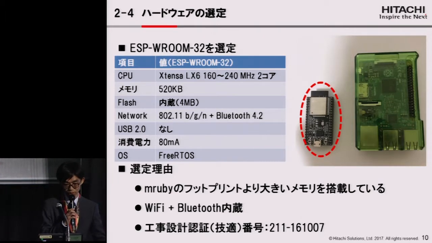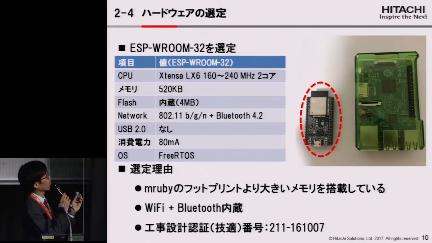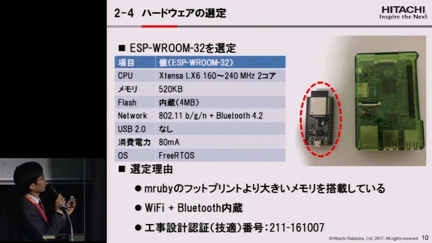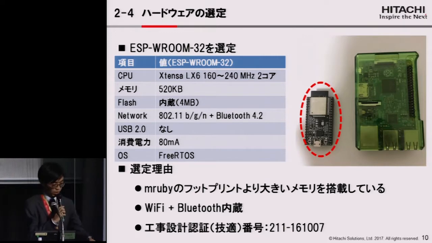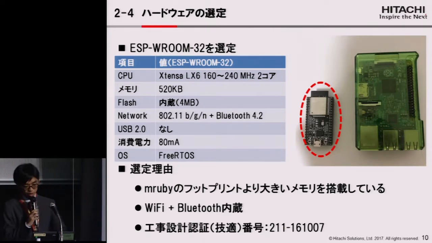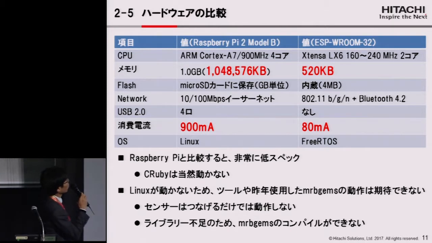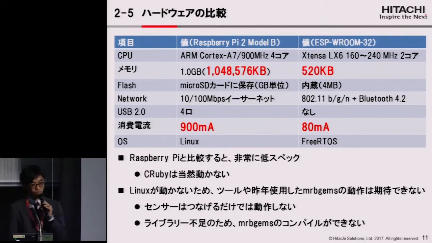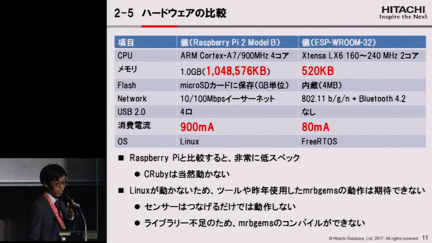For this year, as the hardware, as you can see in the photo, the red circled one, the ESP-WROOM-32, is the hardware that we prepared. Last year we used the Raspberry Pi, and when we compare these two, memory and consumption current are totally different. They're in different units.